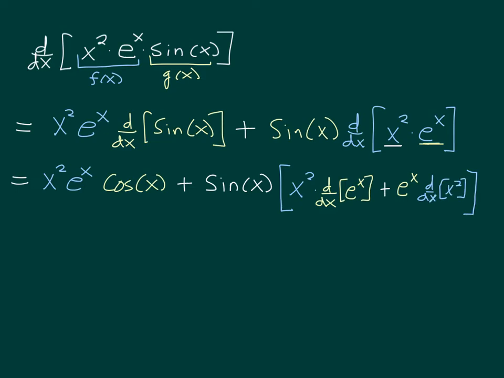Okay? So again, we've almost removed all of our derivatives, but since we had to apply the product rule a second time, we have two more derivatives we need to finish.